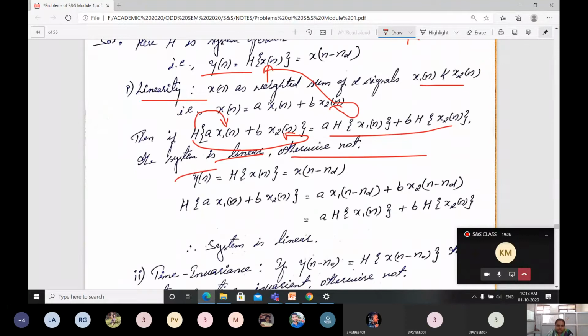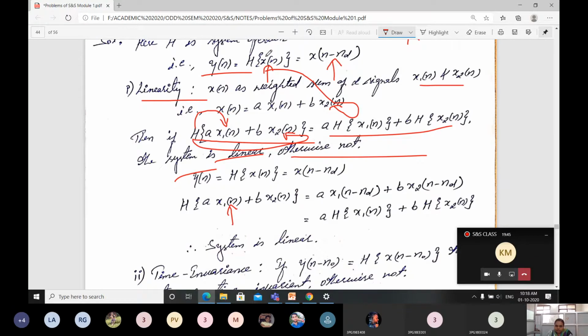Using the given equation, h of a x1 of n plus b x2 of n. What is our x1 of n in the equation? It is taken as x of n minus nd.